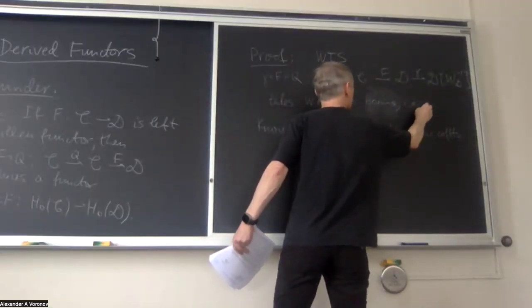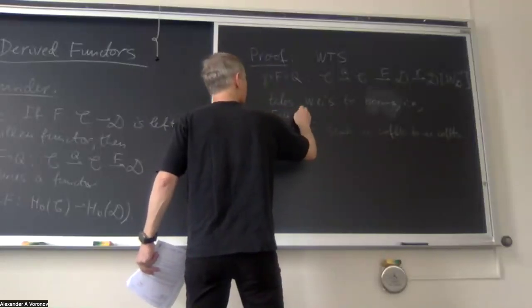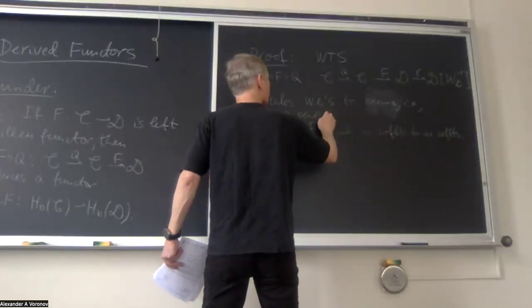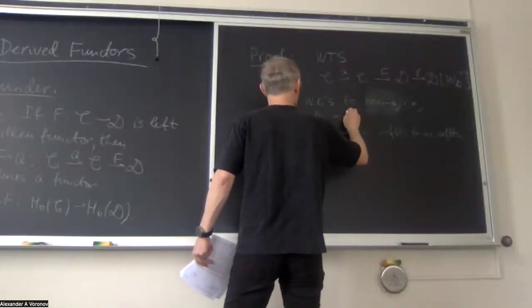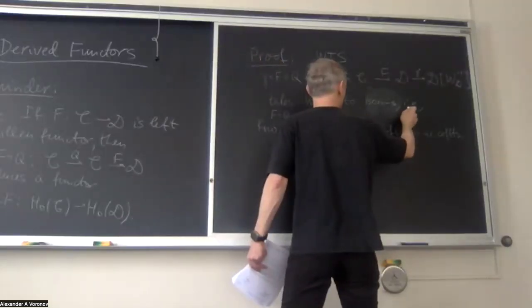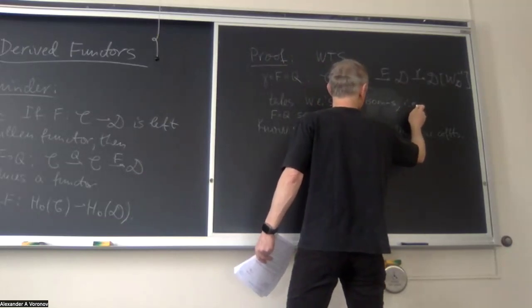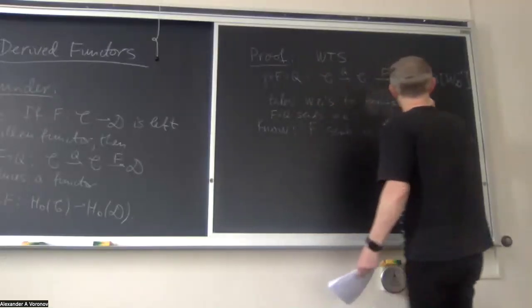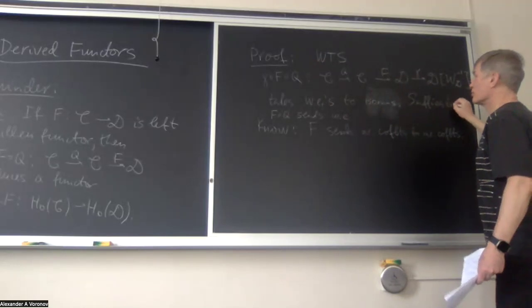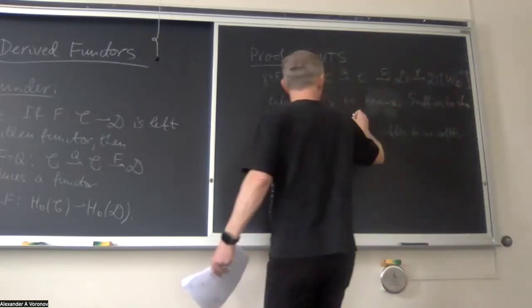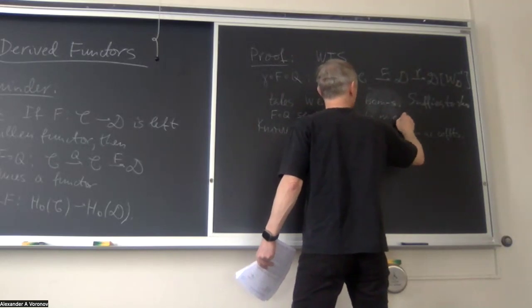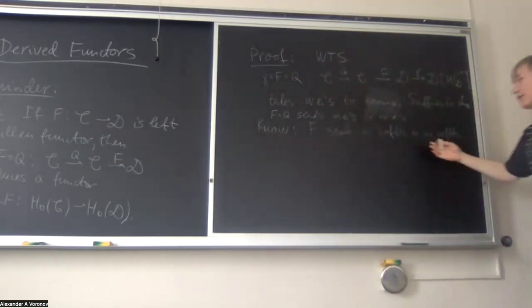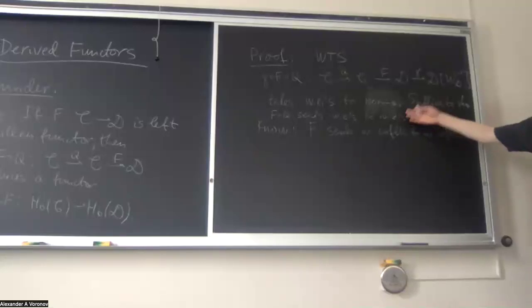So it suffices to show that FQ sends weak equivalences to weak equivalences, right? And we know that F sends acyclic cofibrations to acyclic cofibrations.